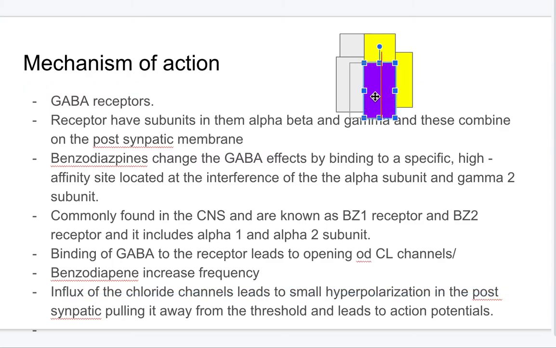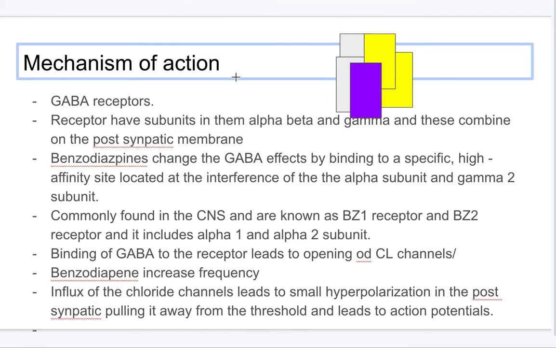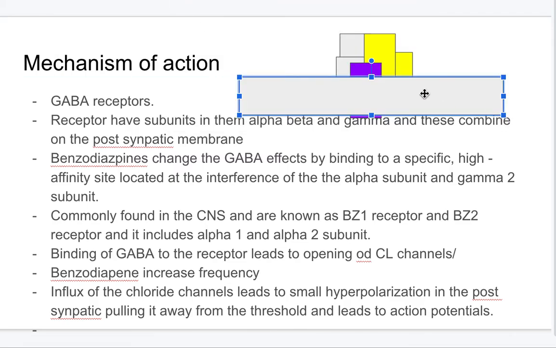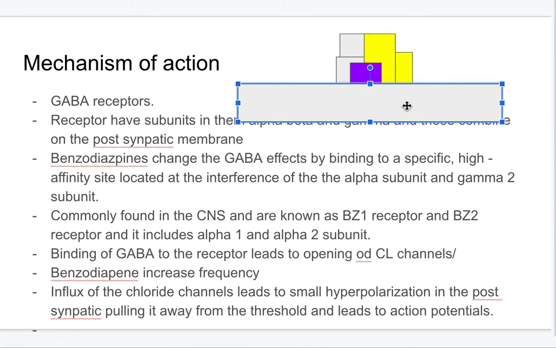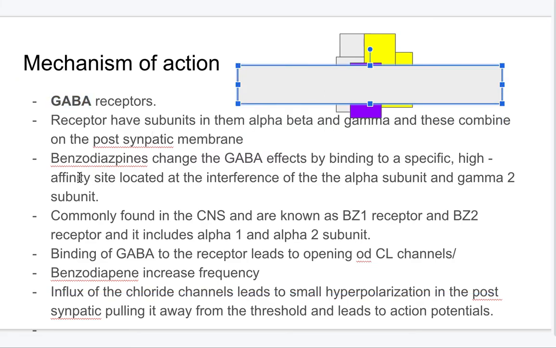I've drawn a GABA receptor over here, and you can imagine this occurring at a postsynaptic membrane, with the receptor on top, which GABA binds.